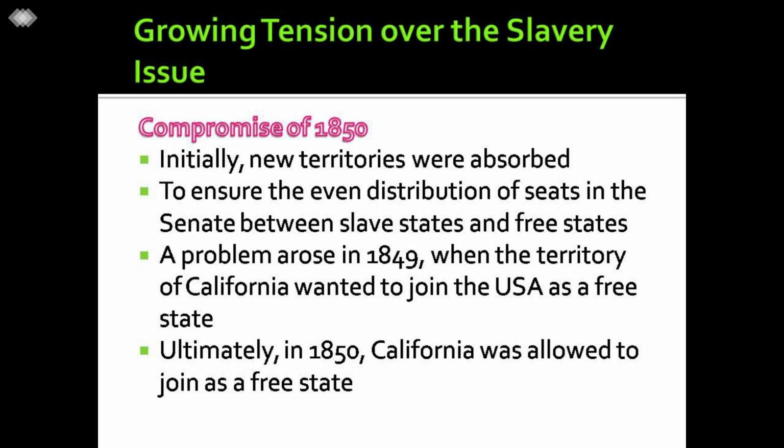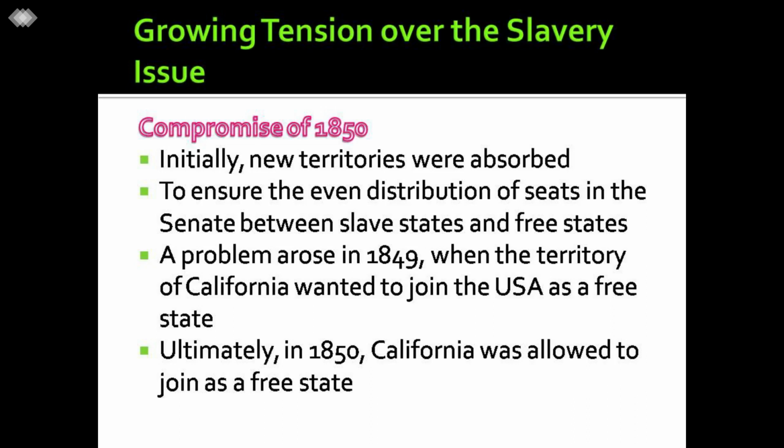This was done to ensure the even distribution of the seats in the Senate between the slave states and the free states. A problem arose in 1849 when the territory of California wanted to join the USA as a free state.